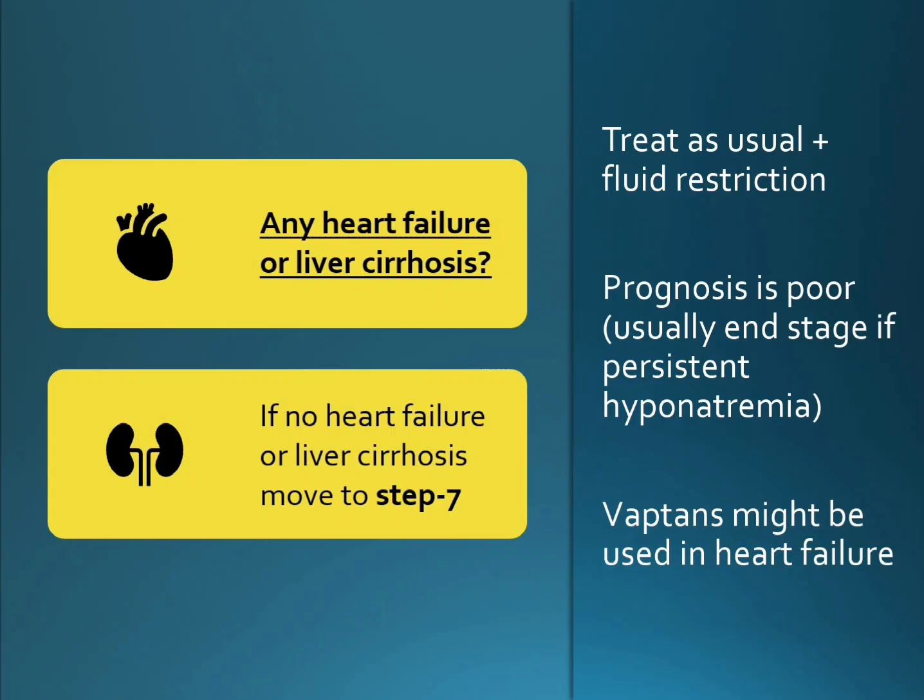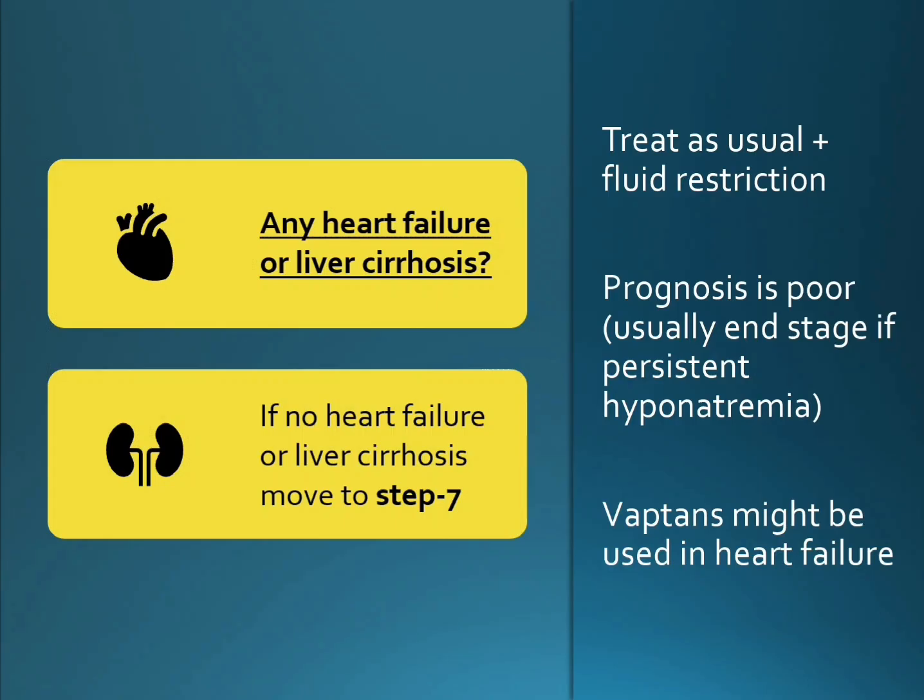The splanchnic pooling of blood in liver cirrhosis, and the reduced cardiac output in heart failure, will divert salt and water out of the vasculature to the interstitium. Thereby, the effective arterial blood volume will be low. And it's very difficult to treat without improving the heart function or improving the liver function.